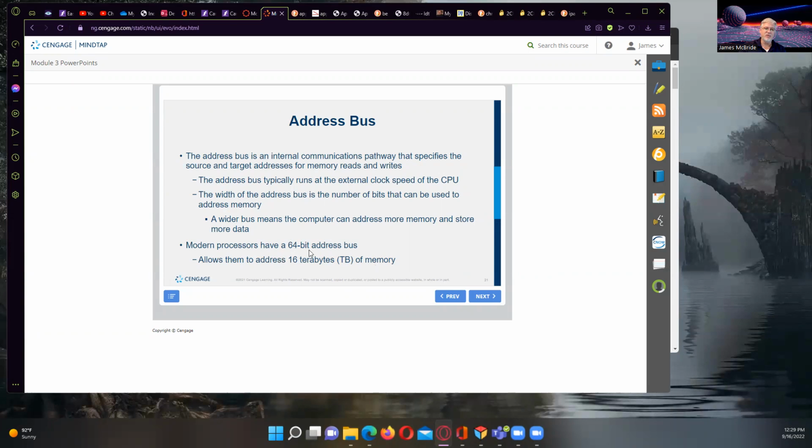Because you're having a 64-bit address bus, and we talk about bits, it affects different things different ways. So here, the way this affects it is saying we can have 16 terabytes of combinations. When you're talking about an address bus, what you're talking about is I've got a whole bunch of RAM here, but in order to use it, I've got to address each individual little storage spot.